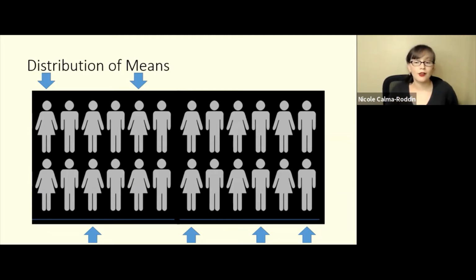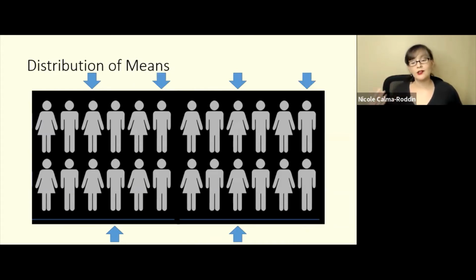We're going to get their mean, and then we're going to start building a histogram using these means. We're going to take another 6 people, get their mean, put that on our graph. Get another 6 people, and so on and so on. So we are going to take groups the same size as our sample, take their mean, and build a distribution based on their means.